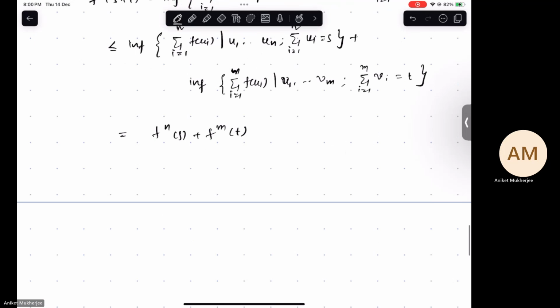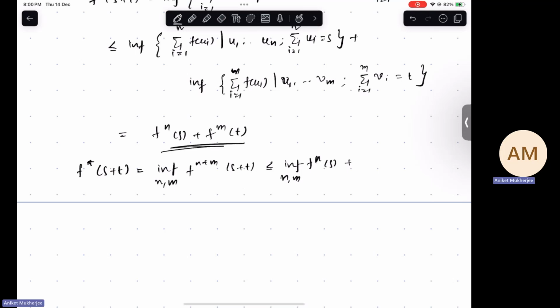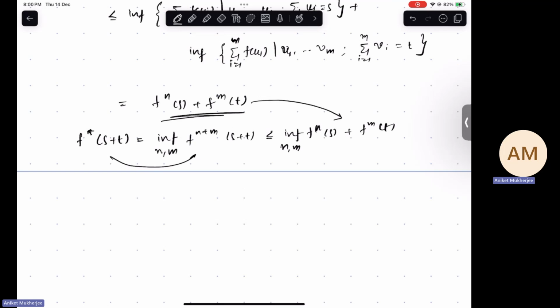Now let's find f star (s+t), right? This is inf over n comma m of f_{n+m}(s+t), which is less than or equal to inf over n comma m of f_n(s) plus f_m(t). This is from the derivation that we have done, where we have used f_m(t). This we have just used the Kleene star operator, the definition of Kleene star operator.